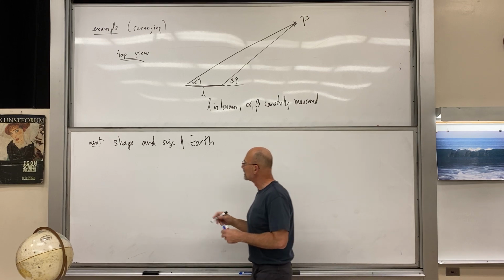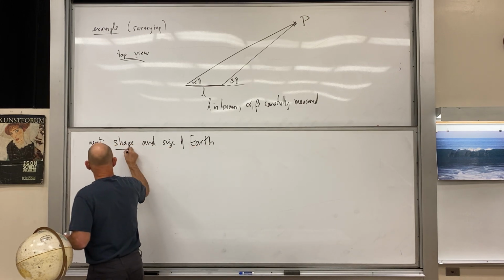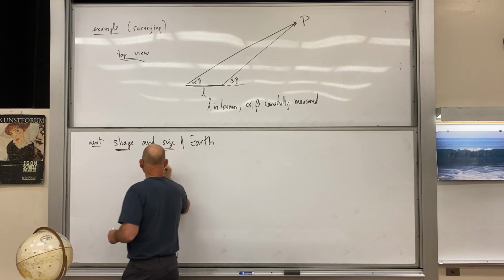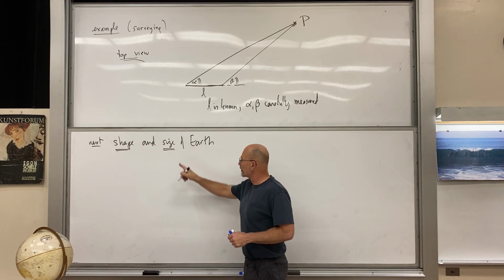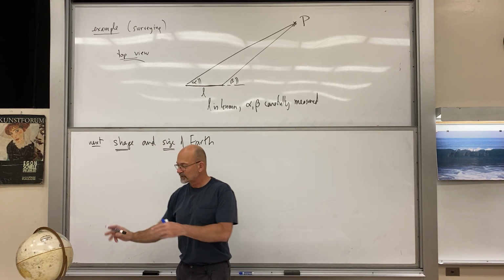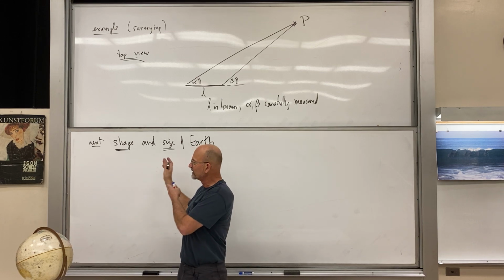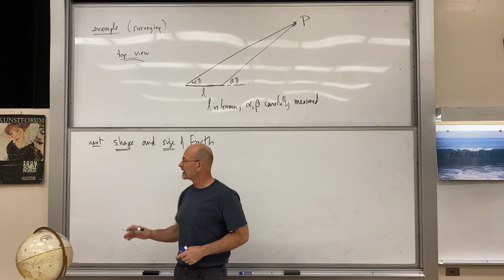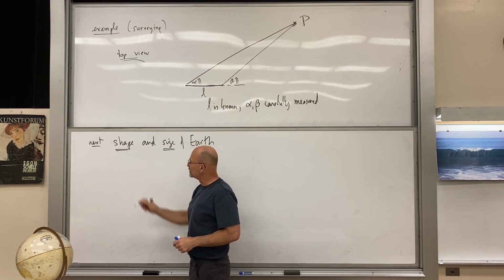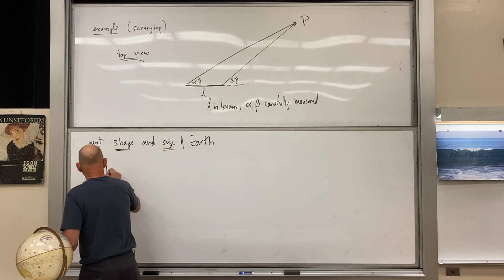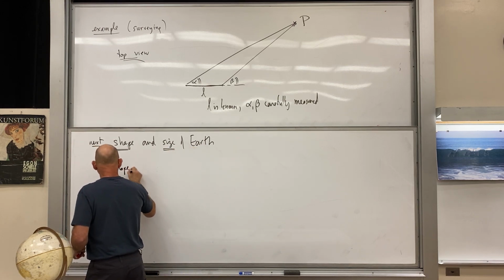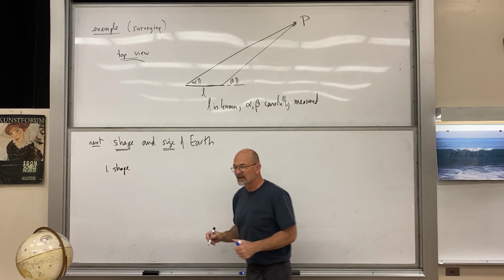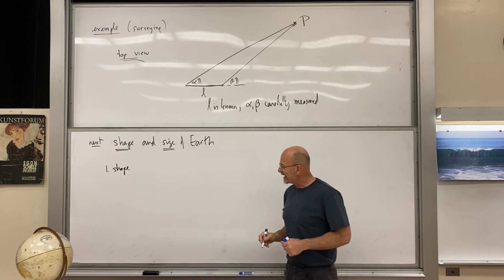So first of all, we have to know both. Okay? For example, if we want to know the radius of Earth, we first have to know it's a sphere. If we know the radius of Earth, we'll know the size. But therefore, we have to know what the shape is. And there are a number of arguments that were historically made.